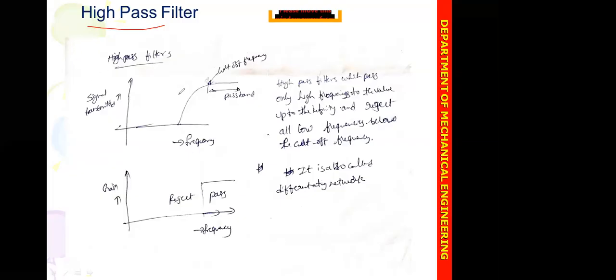So the high pass filter allows only the high frequencies. See here, above the cutoff frequency, it allows the high frequencies up to infinity, and it rejects all the low frequencies below the cutoff frequency.